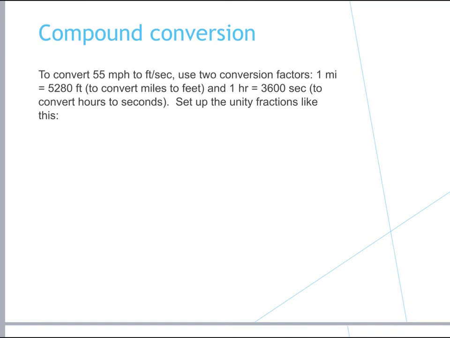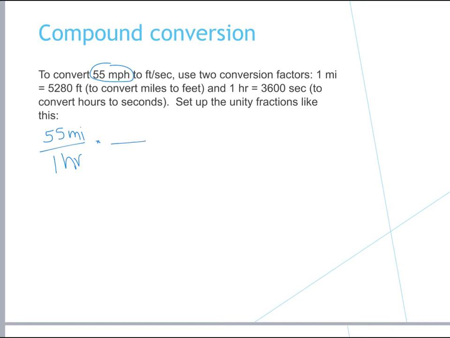So for our first one, if I want to set this up with just 2 conversion factors, I can have 55 miles per 1 hour. Remember, that's what this means, 55 miles per hour. So I need to convert both miles and hours. Miles need to get to feet, hours need to get to seconds.